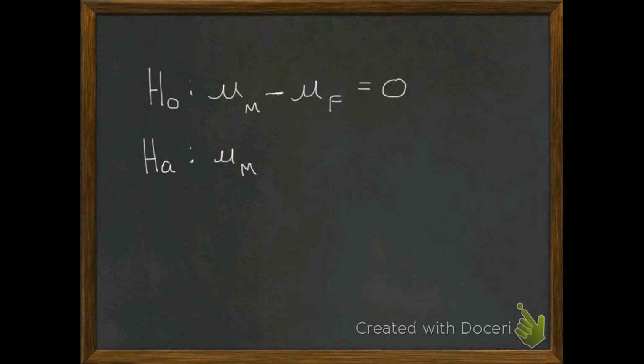So again, just to get you caught up, we are testing that the mean difference of males minus females is equal to 0, against the mean difference for males minus mean difference for females is not equal to 0. And we're testing at alpha 0.05. Our calculations show that our test statistic is 0.301.